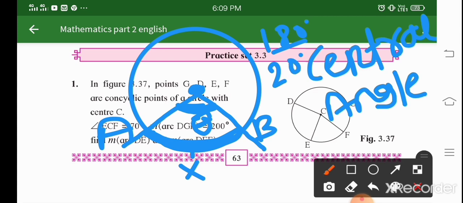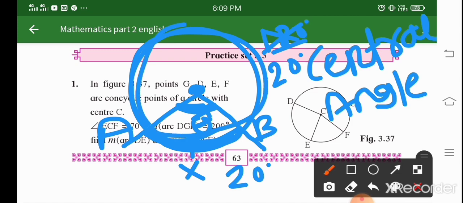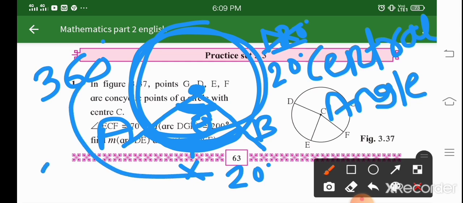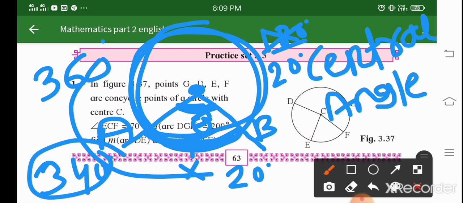See, this is 20, so your arc will also be 20 only. As we know, the angle measurement of the whole circle is 360. So you can subtract 20 from 360 and you will get your answer, 340. So 340 will be the measure of the major arc, right? I think this is clear.